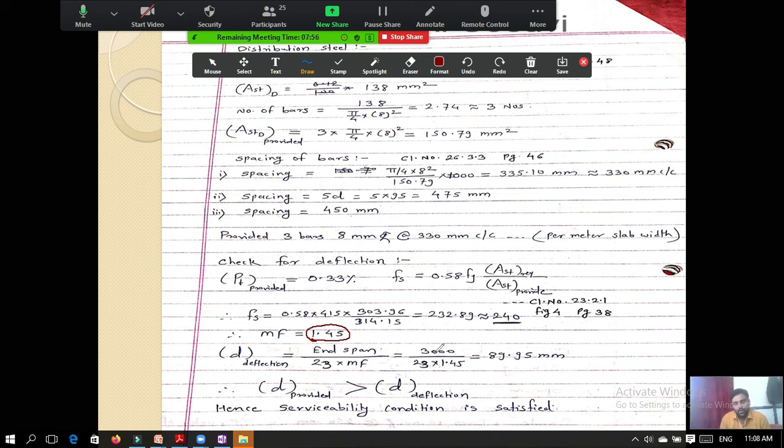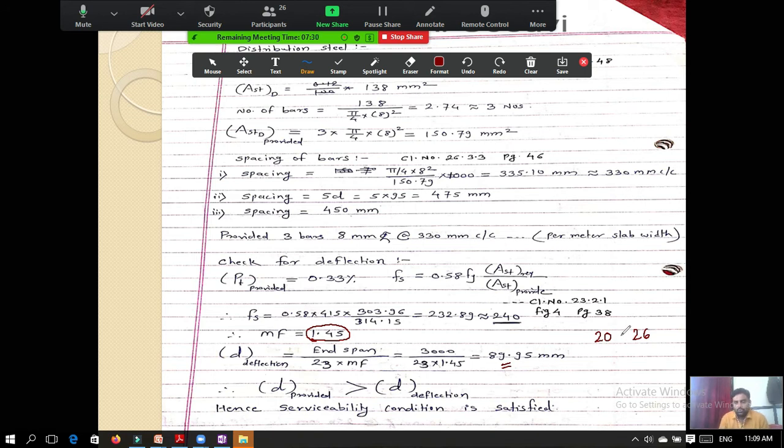Now the value is 3000 is the span divided by 23 into modification factor 1.45. So you will get the answer 89.95. How does this 23 come? It comes from this: span to depth ratio is 20 for simply supported slab, and span to depth ratio is 26 for continuous slab.